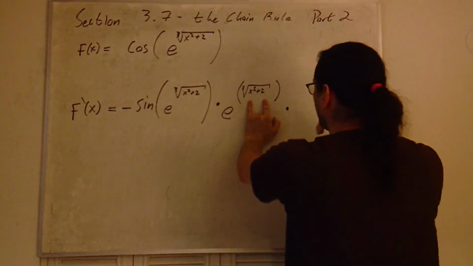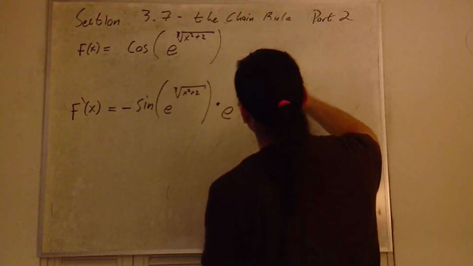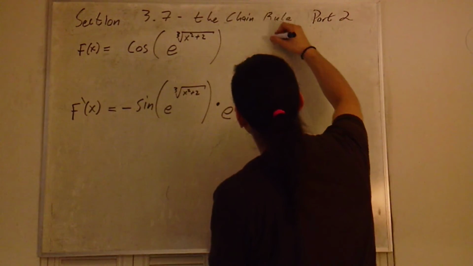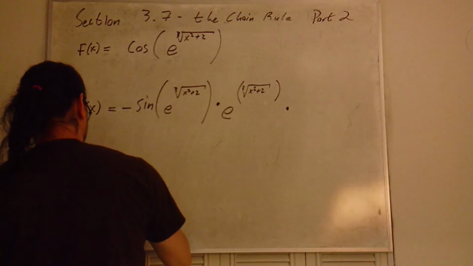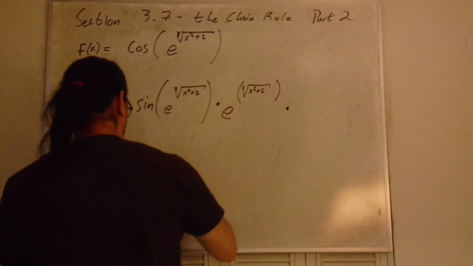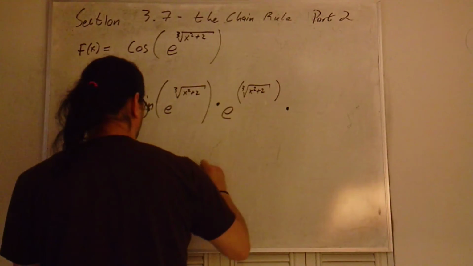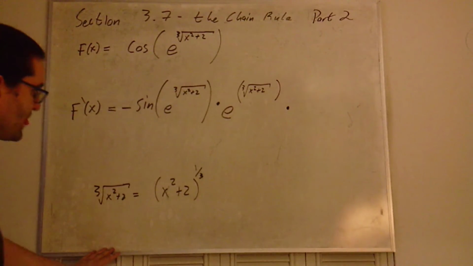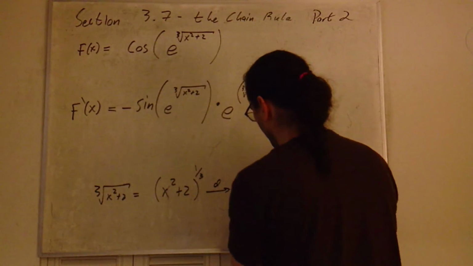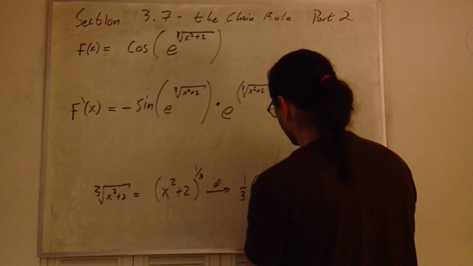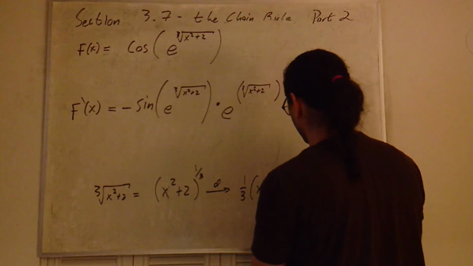The derivative of a cube root, let me make a little sci-fi here. The cube root of x squared plus 2 is x squared plus 2 to the 1/3. So the derivative of that should be 1/3 x squared plus 2 to the negative 2/3.